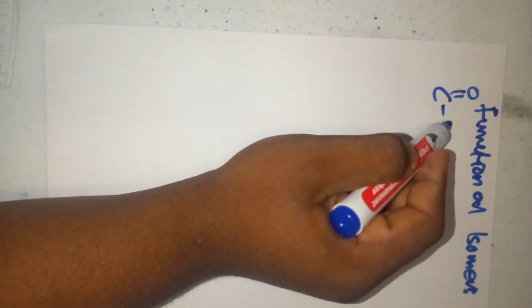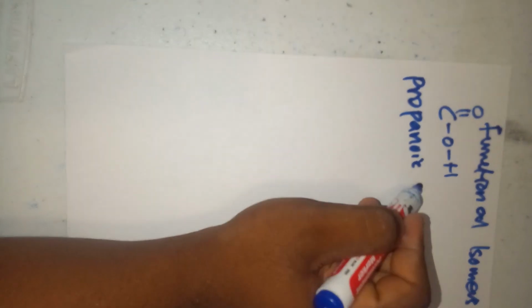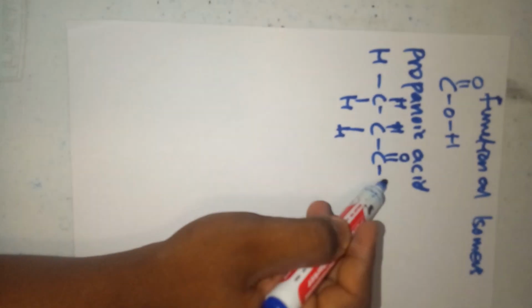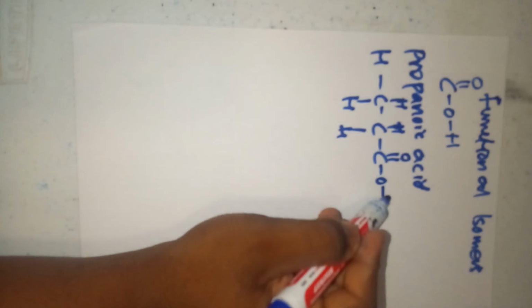So now for the first one I can have propanoic acid. This one has a carboxyl group, the functional group, carboxyl. So propanoic acid has 3 carbon atoms, 1, 2, 3, H, H, H, H. Remember, I told you that the carboxyl must always be at the end.